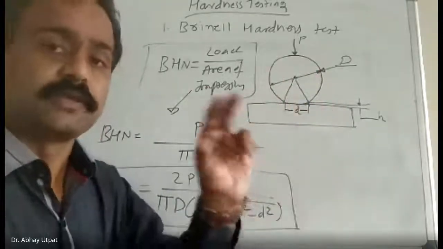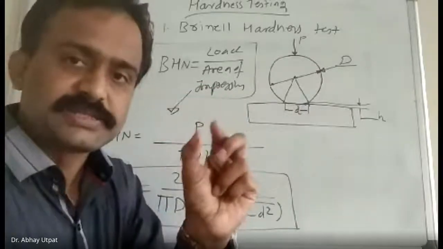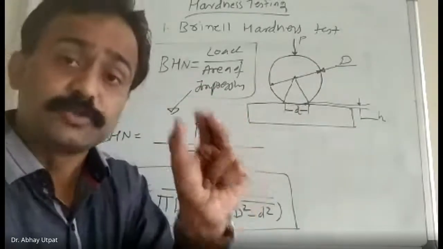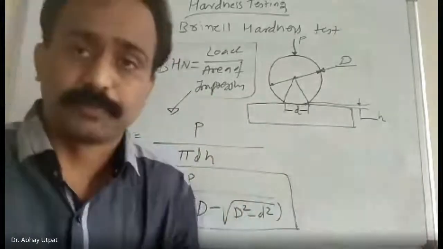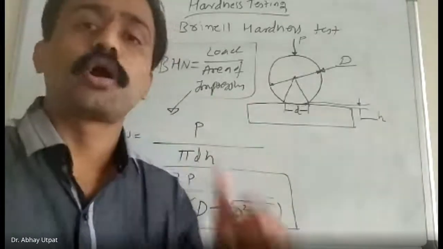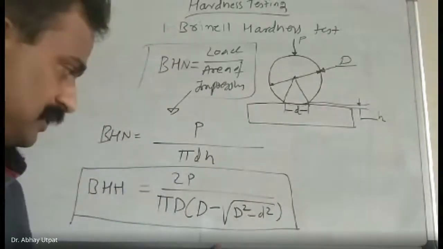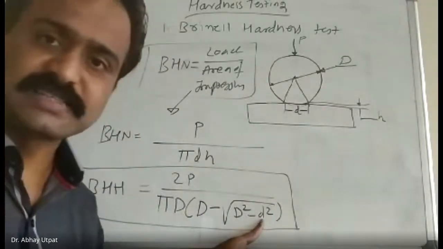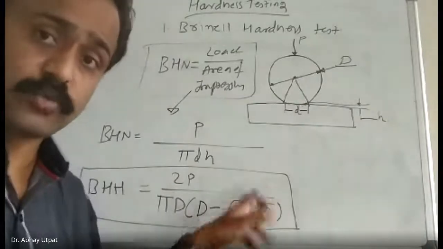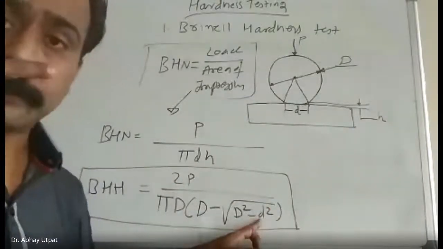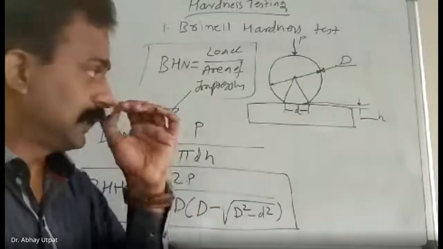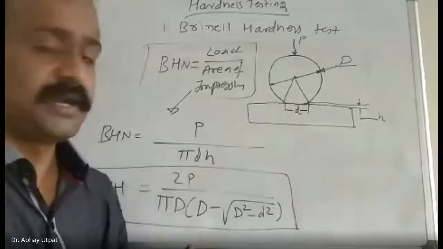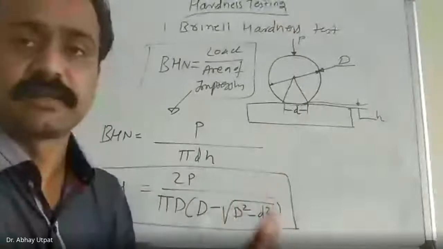By your naked eyes, you can see that the ball is round, but if you check its ovality, you will find it becomes oval with due course of time, and it may give a wrong reading. If you put even a small error in the diameter, not one digit is changed here because it is squared, remember, then the hardness value will change drastically. That's why there are limitations of Brinell hardness testing.